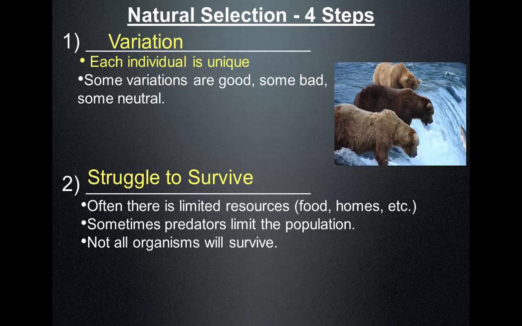There may not be enough living space. There may not be enough mates. There may not be enough water. There may be predators making survival difficult. There are lots of different factors that make it hard for organisms to survive, and they're not all going to survive. That's nature. They will not all survive.